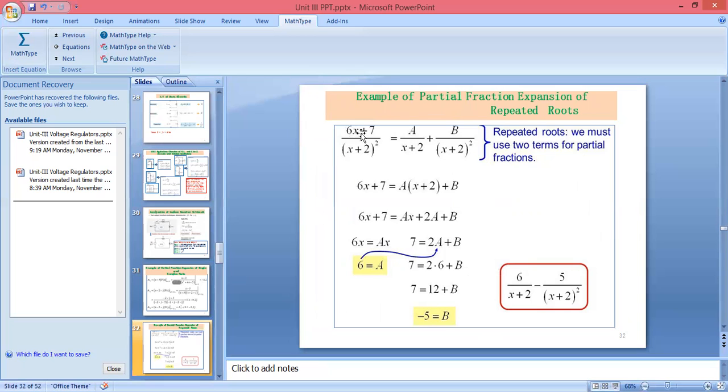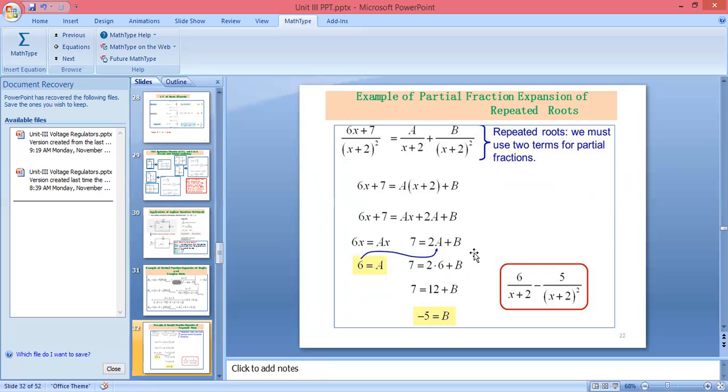What we can do here is take 6x plus 7 as it is, and take x plus 2 to the right side. The equation will become: here there is 1, so that gets cancelled, and only 1 times x plus 2 will remain. So you will get A times x plus 2. With x plus 2 square here, the numerator and denominator cancel, and B remains.